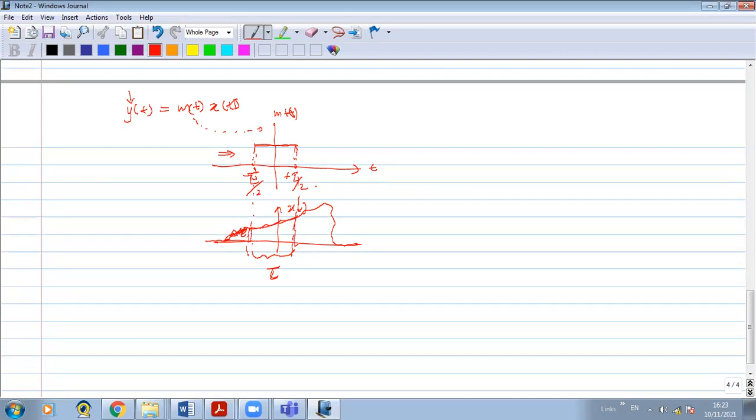Tau. So you can see that m(t), this is 1.